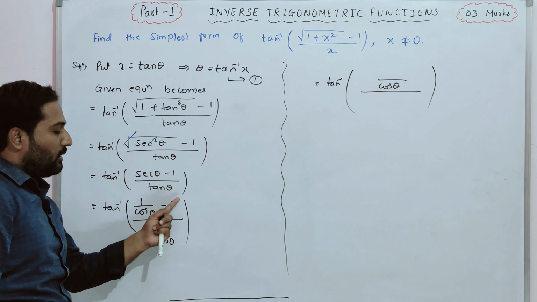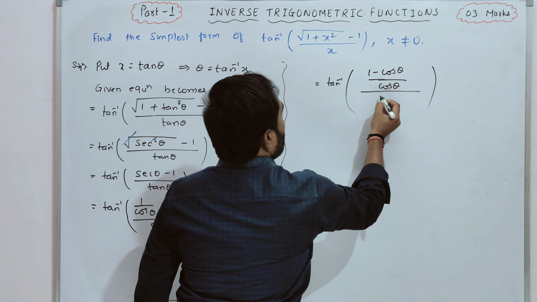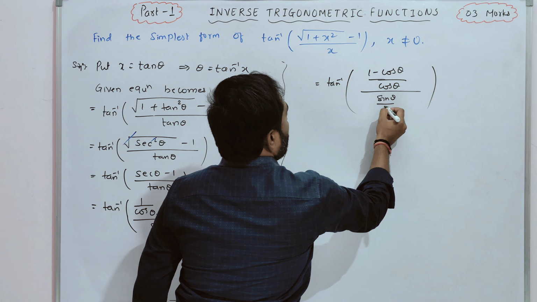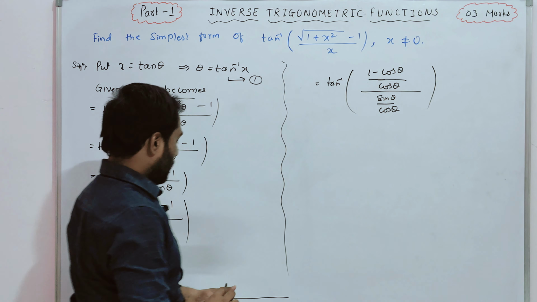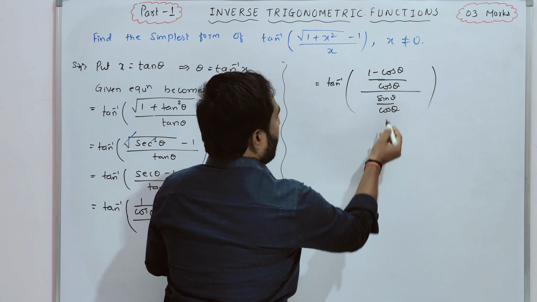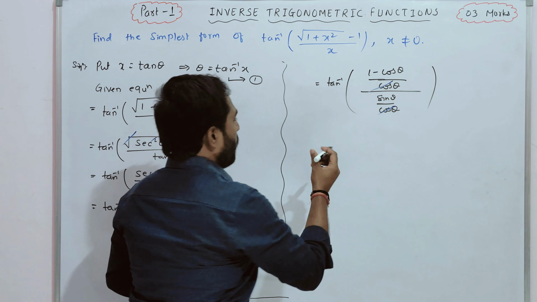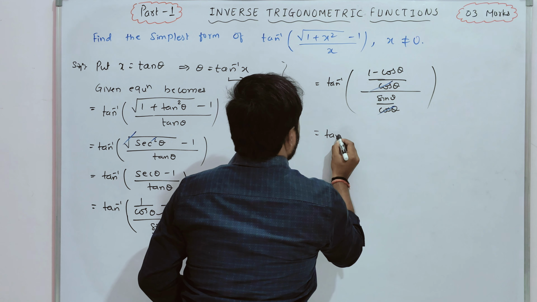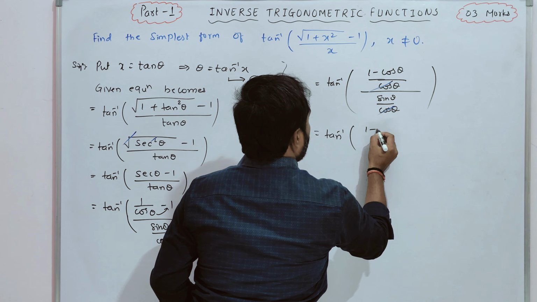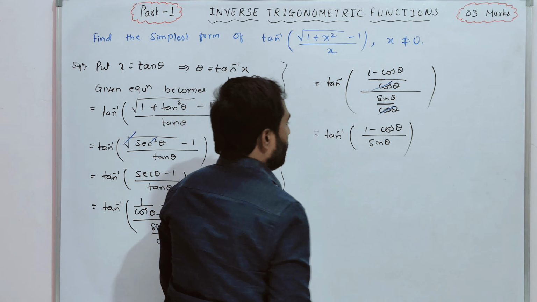So 1 minus cos theta into 1 is cos theta. So this is 1 minus cos theta divided by sin theta by cos theta as it is in the denominator. Now you can cancel the denominator of the numerator with the denominator of the denominator. Now write down the remaining terms: tan inverse of 1 minus cos theta divided by sin theta.